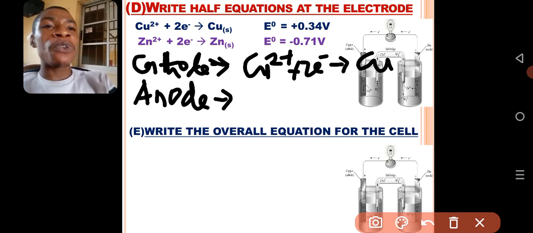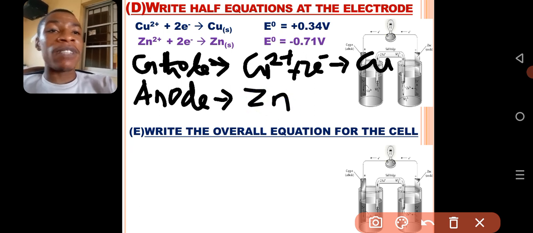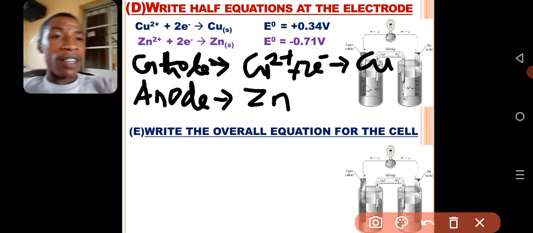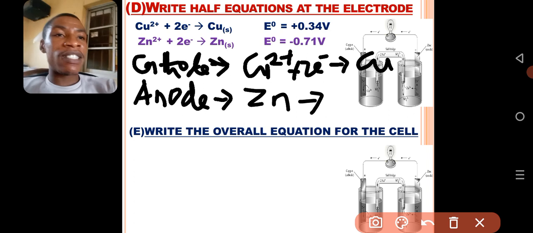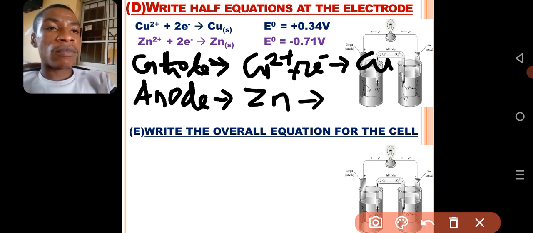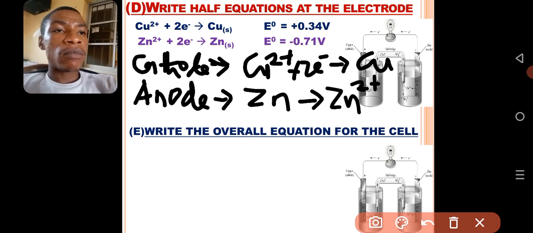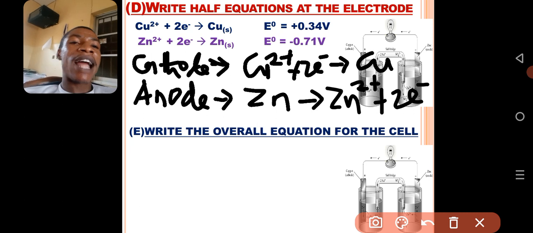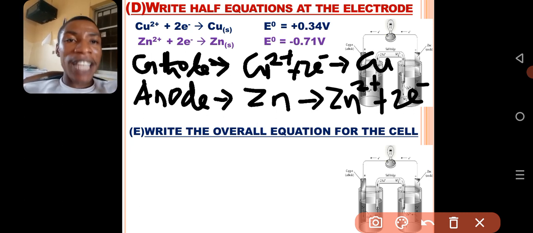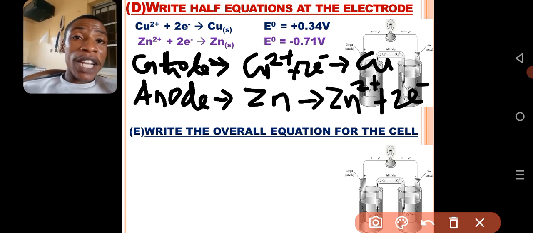So now you're going to have zinc, that's from the product side now, giving us what? Zn2+ + 2 electrons. That is the equation at the anode. So take note of that.